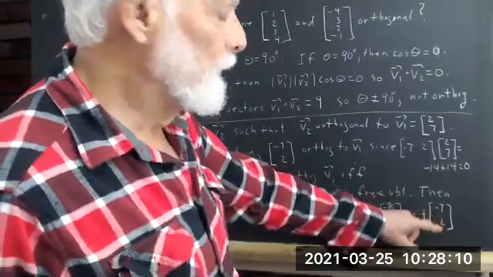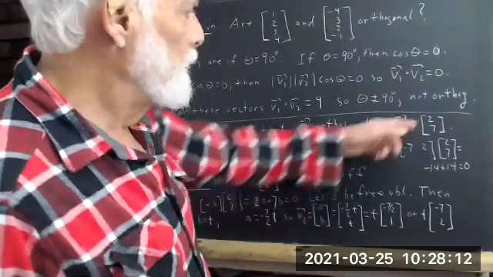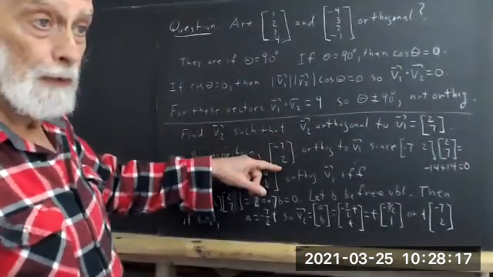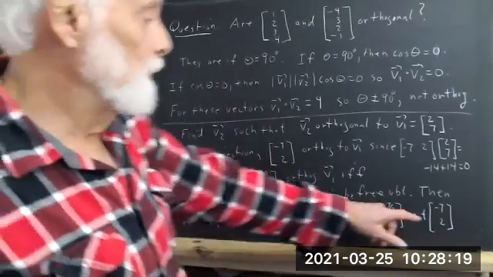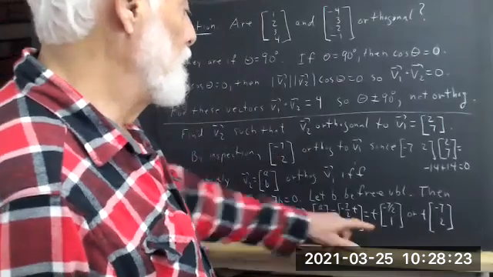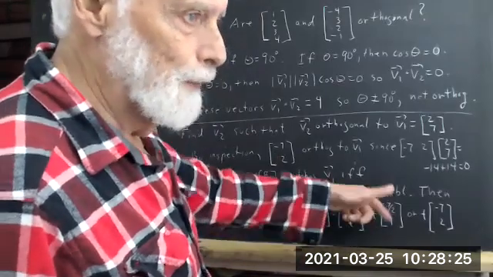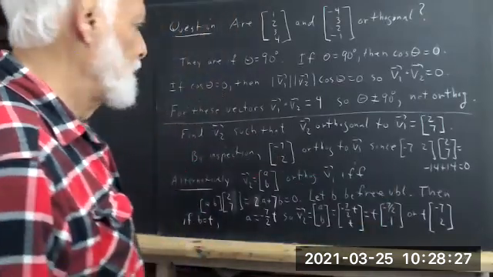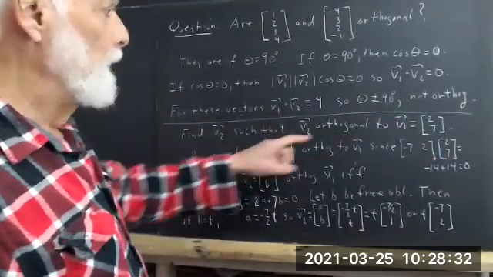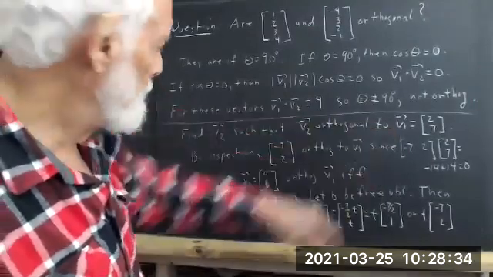Any multiple of negative 7, 2 is orthogonal to 2, 7. So by inspection, we just chose negative 7, 2. Well, if T equals 1 here, you get negative 7, 2. If T equals 2 here, you would again get negative 7, 2. But there's a whole infinite family of vectors now that we find is perpendicular to V1.